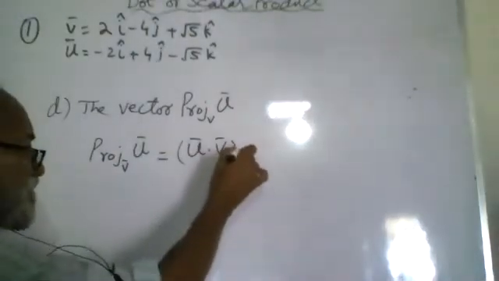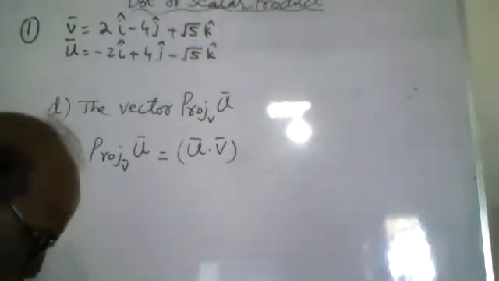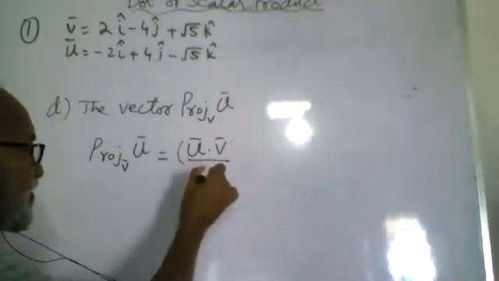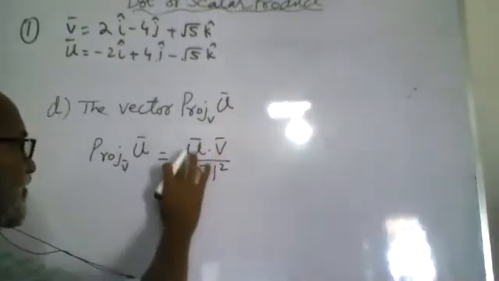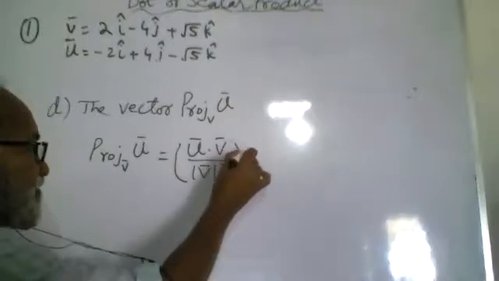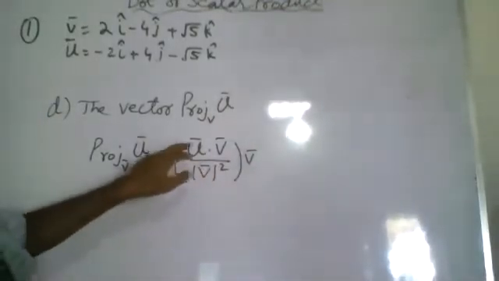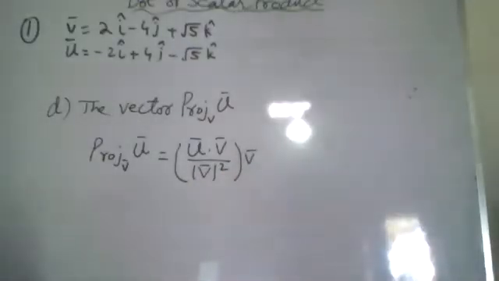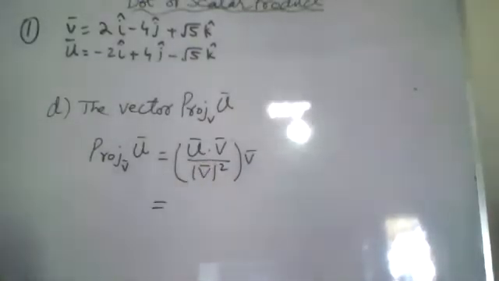upon V square, or we can say u dot V upon magnitude of V squared into vector V, the unit vector of V. So this u dot V we already found.